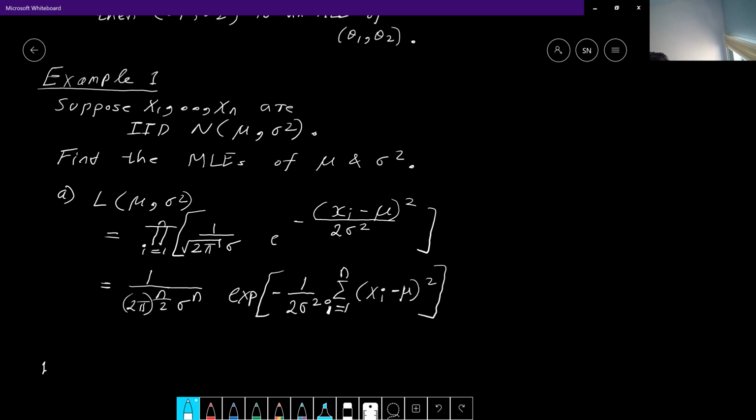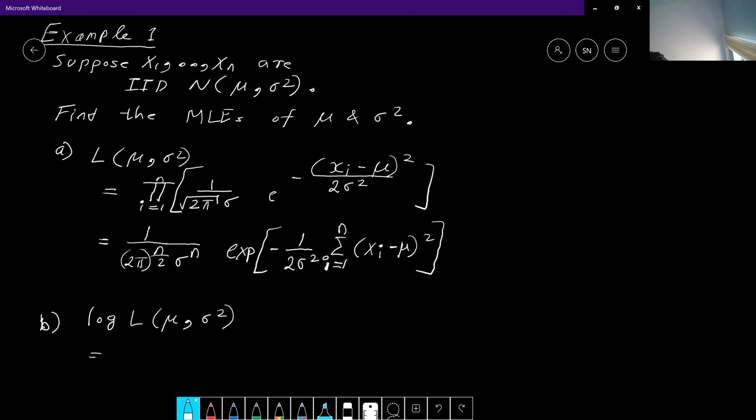So if you take the log of the likelihood, you get minus, okay, and minus.